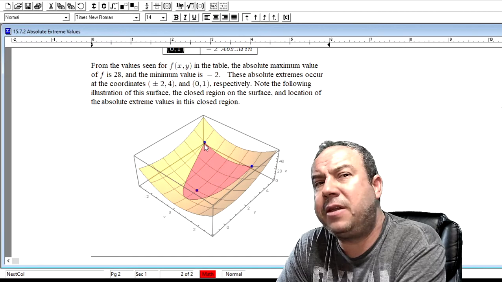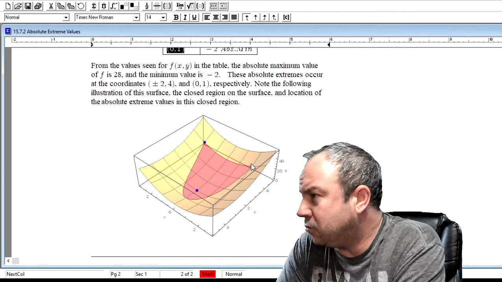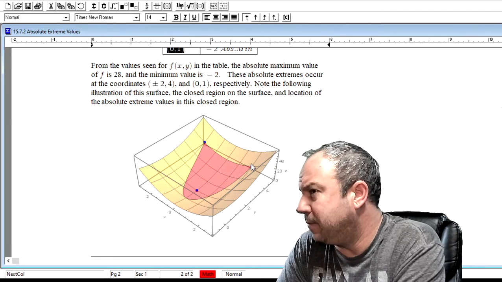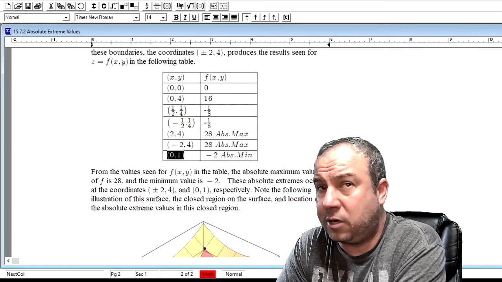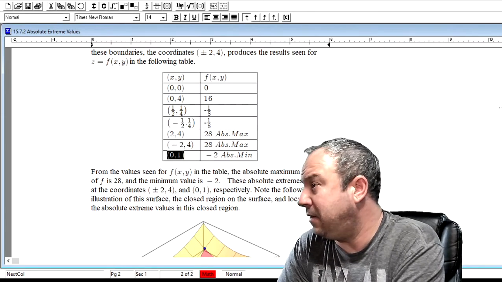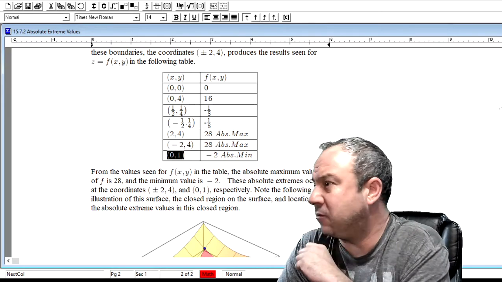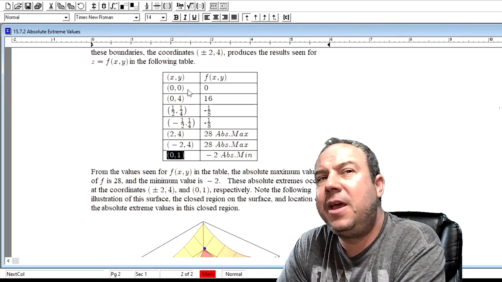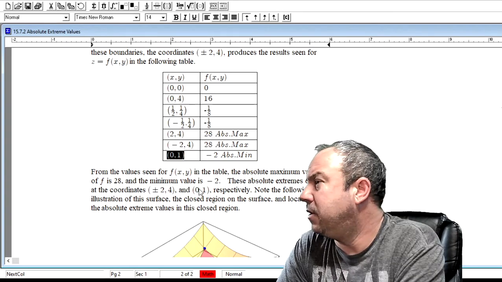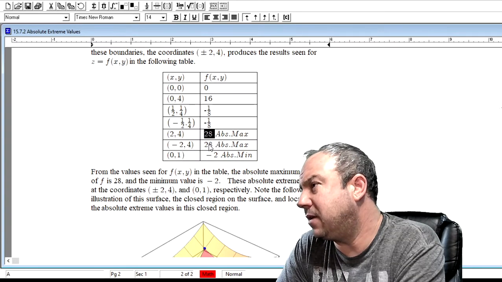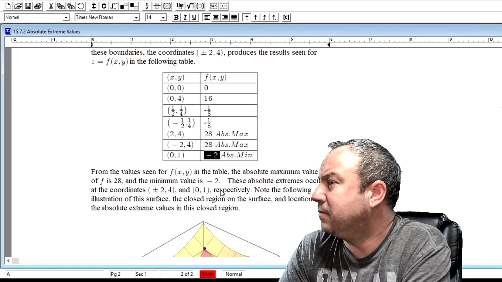Or it could happen at the intersections for the boundaries on that region. You find those critical points and those boundary locations, those intersections of the boundaries, and you evaluate f at all those locations. The largest value is your absolute max. The smallest value is your absolute minimum. All right.